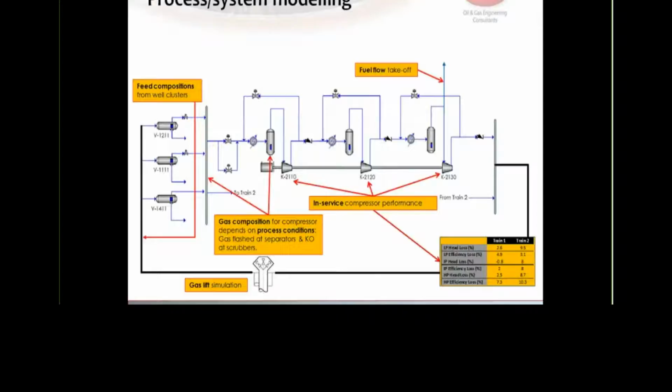And we also included other fuel take-off and, of course, in-service compressor performance. So if you can see, the model was really quite complex, and this is a very simple schematic of it.